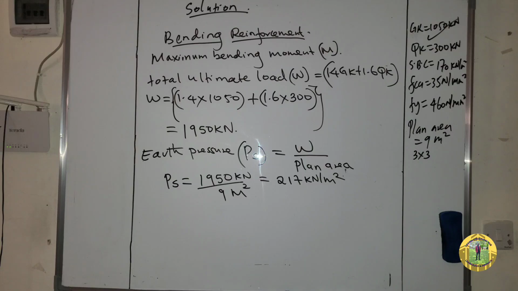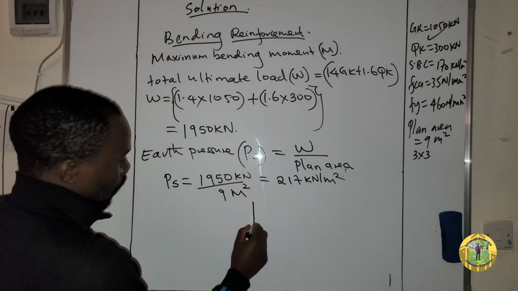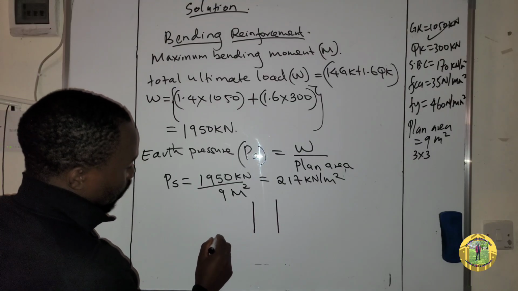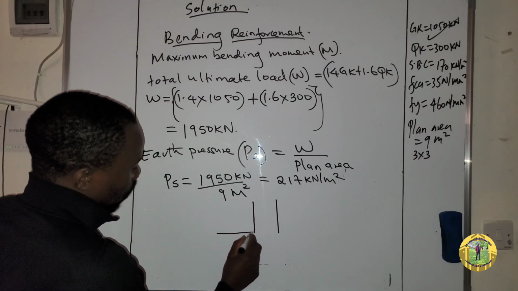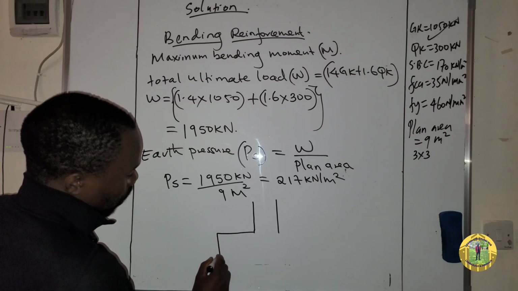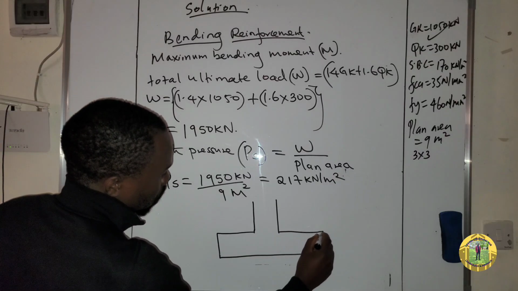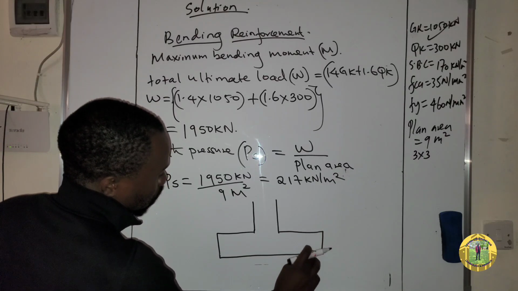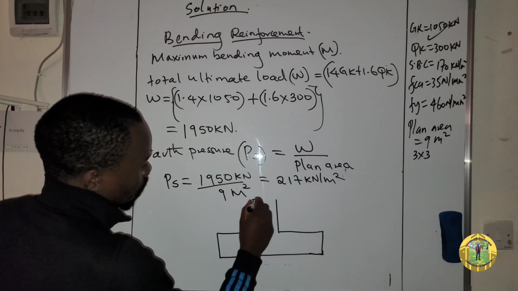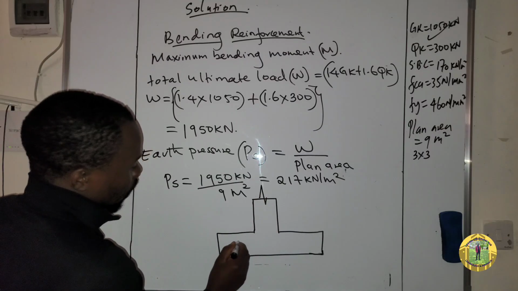We can also draw an elevation showing the dimension and the pressure which we have calculated as 217 on the ground. So this is the base.